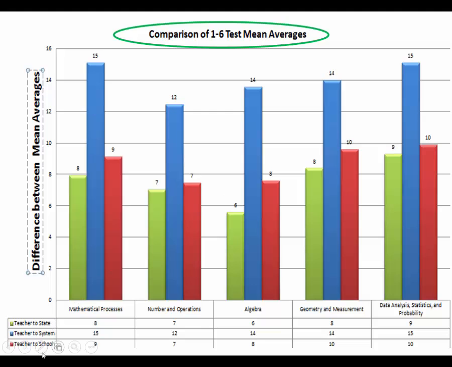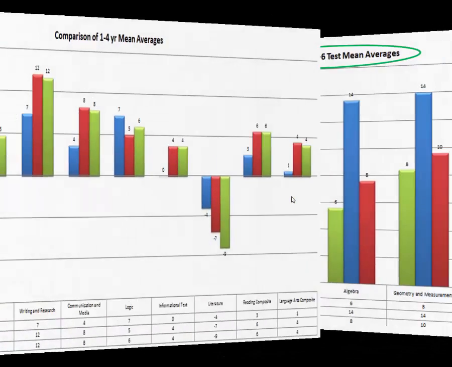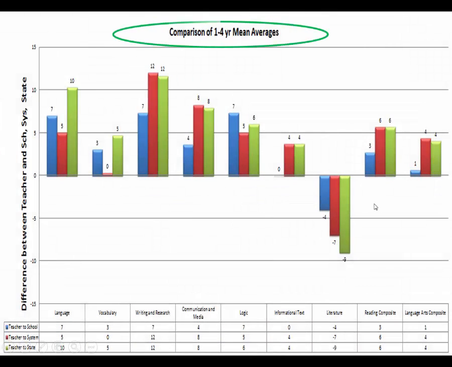In this situation, I can see that when I compare the teacher to the district or the system, on average, for the years that they've looked at, their mathematical processes RCPI average is 15 points higher than the system. By the same measure, I see that it's roughly 8 points higher than the state when looking at all of the years combined.